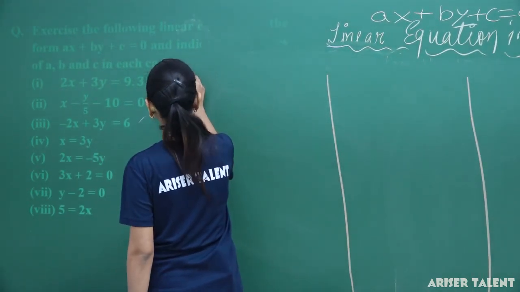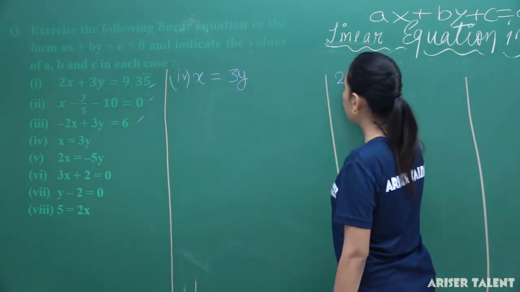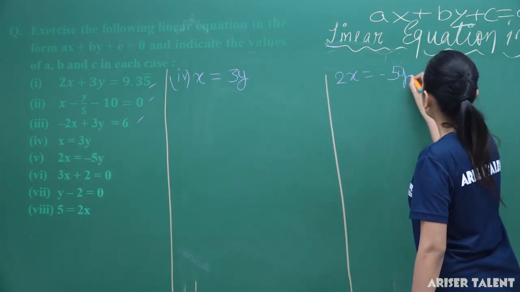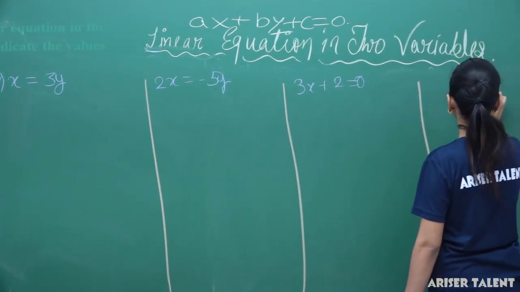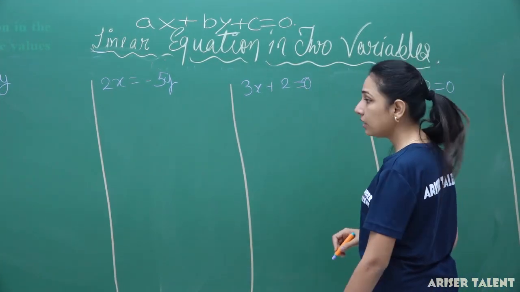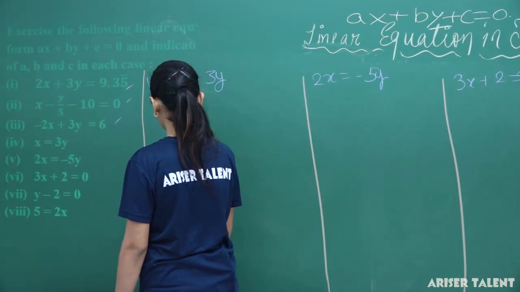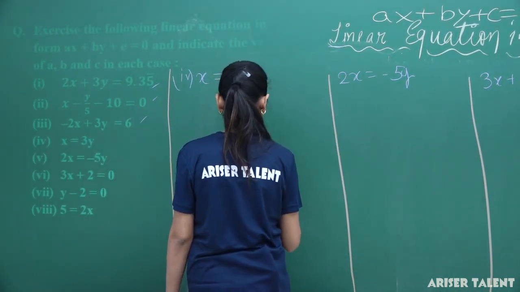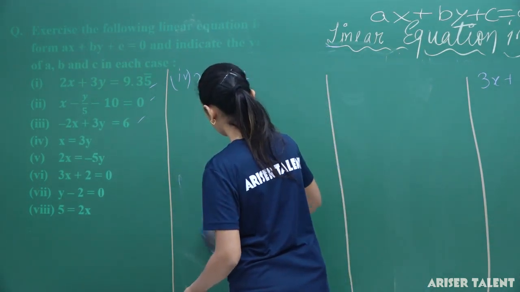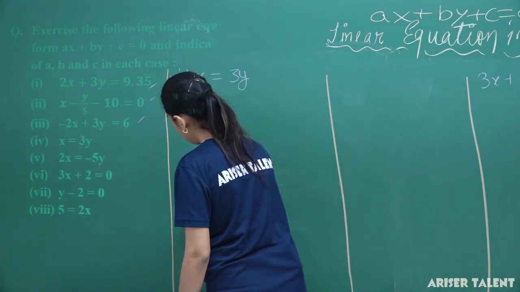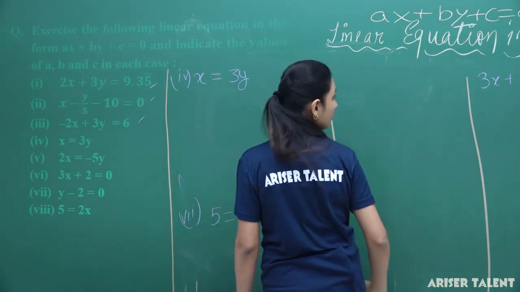So the 4th one is x equals to 3y, then 2x equals to minus 5y, then 3x plus 2 equals to 0, then y minus 2 equals to 0, and the last is 5 equals to 2x, right? We can do it that way.